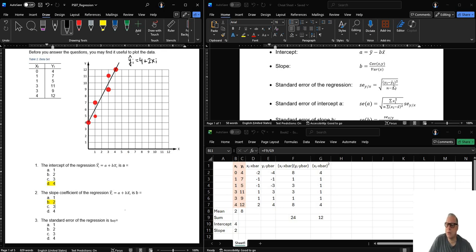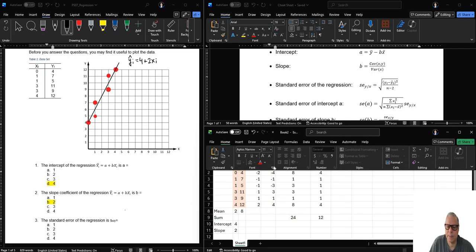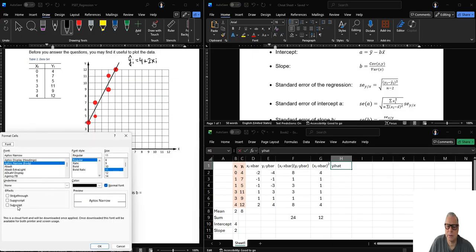So what we now additionally need is the y hat. So let's create another column for yi hat. And to make it look nicer, let's subscript the i.